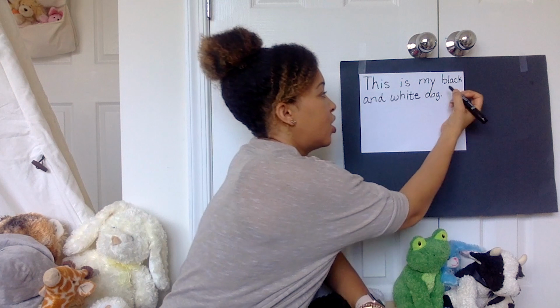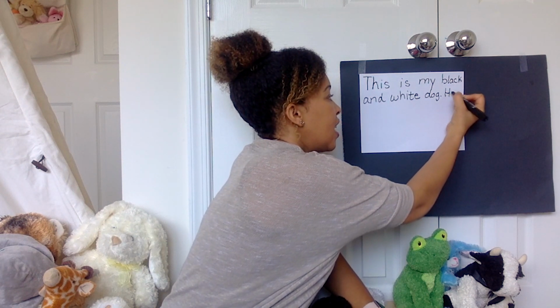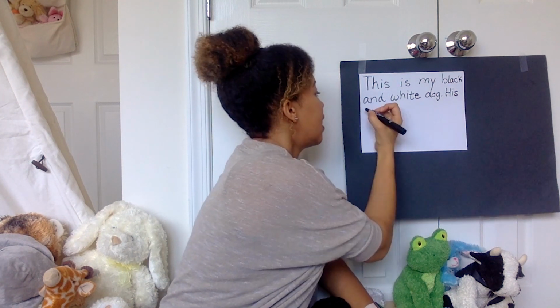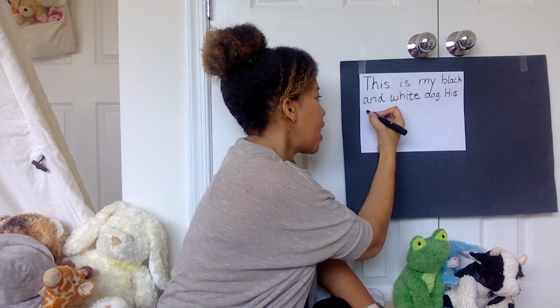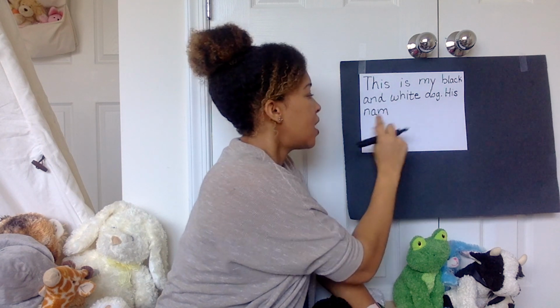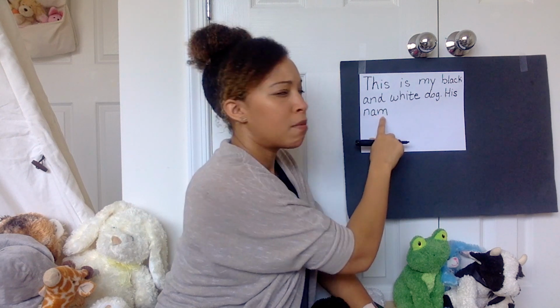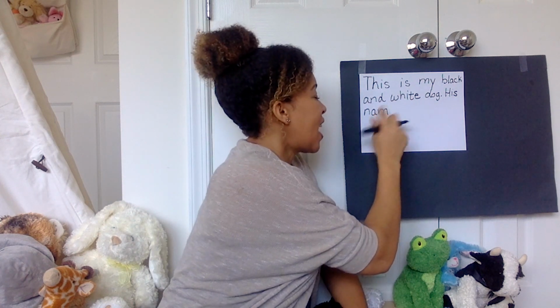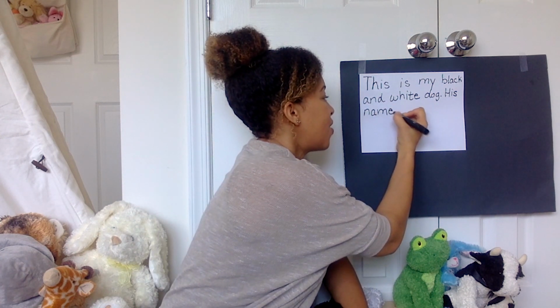Capital H first. His name, an N, A, M, nam. Still doesn't look right. Oh, one of you said it. I'm missing that E again to make the A say its name. Thank you.